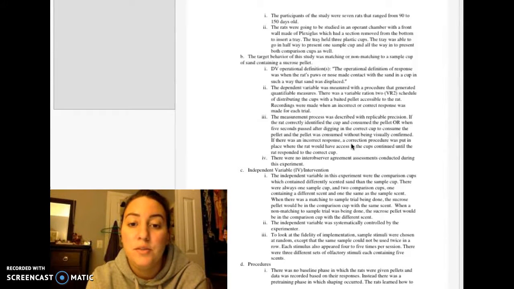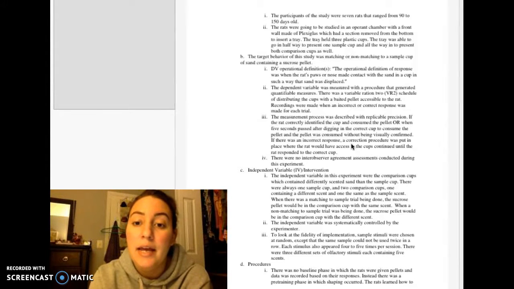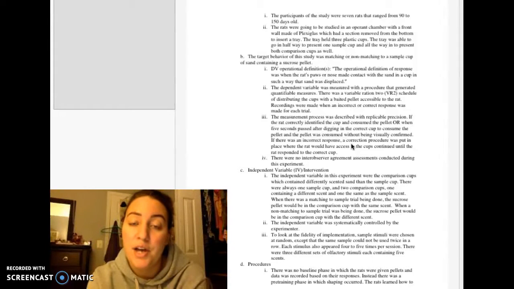So the independent variable that they were using was the comparison cups. There was 1 sample cup which had the scented sand, which they were supposed to match to, and then there was 1 comparison cup which had a different scent, and a second comparison cup which had the same scent as the sample cup.